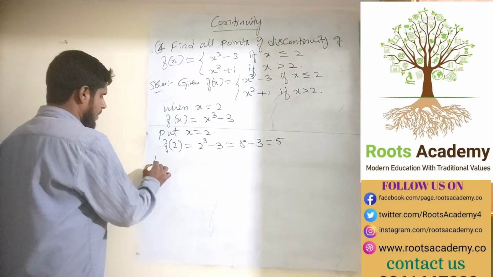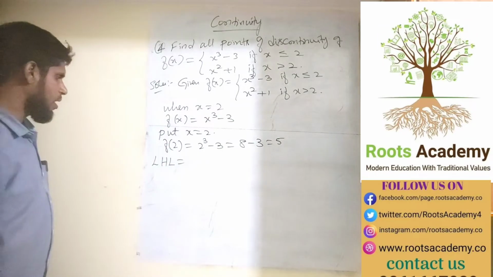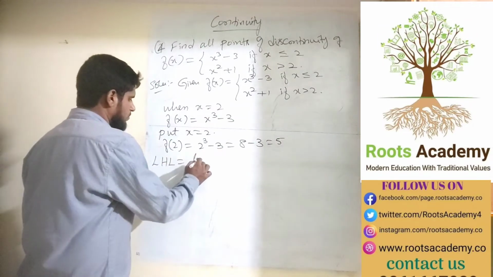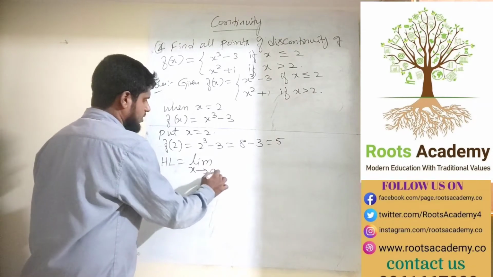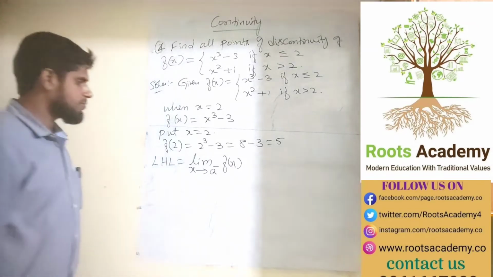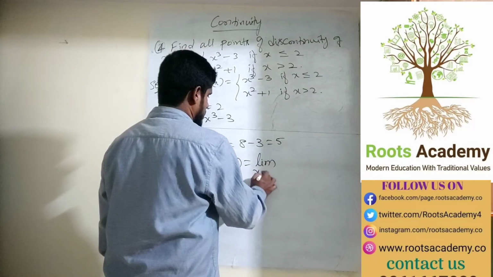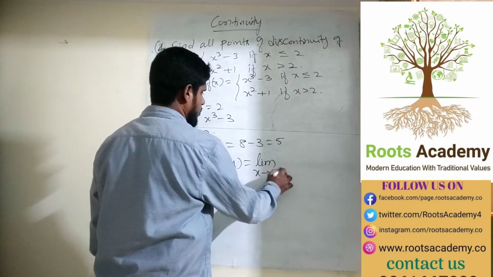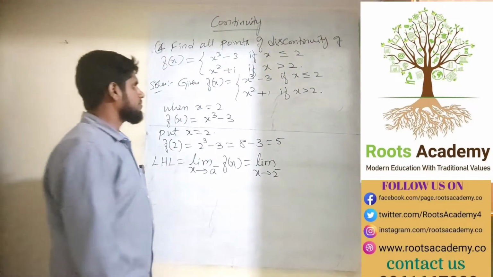So next, the left hand limit. Limit x tends to 2 minus f of x is equal to limit x tends to 2 minus, what is f of x here?